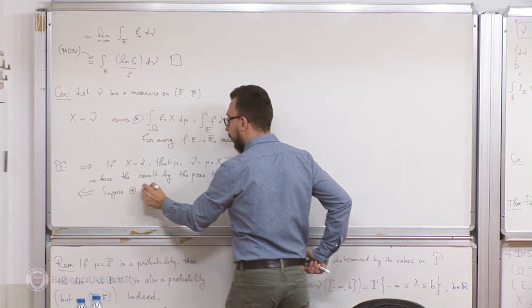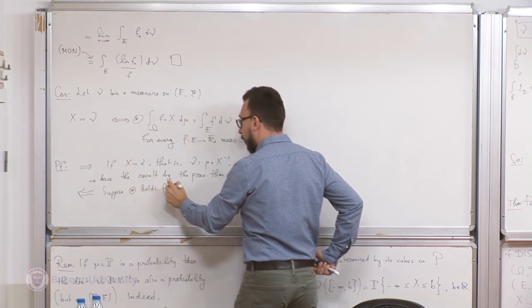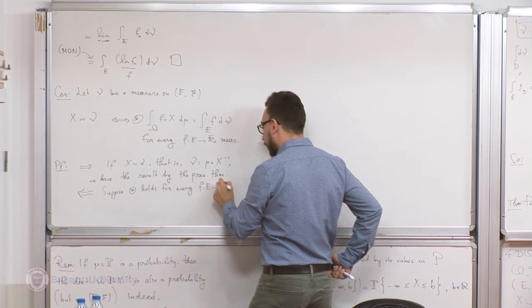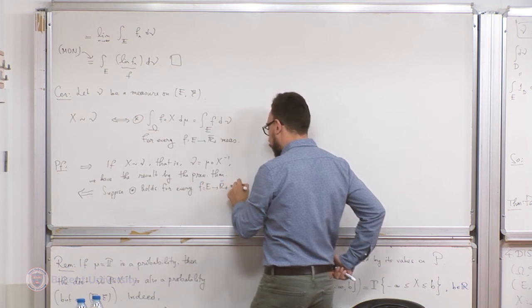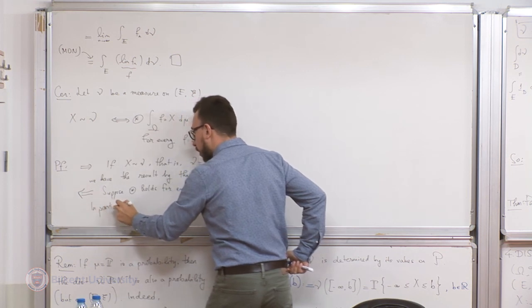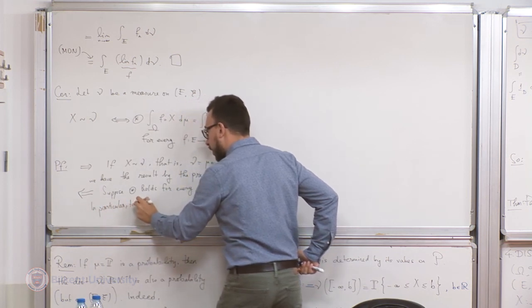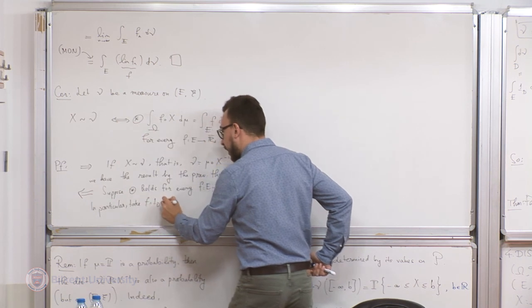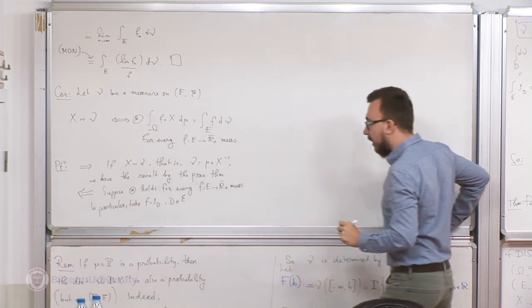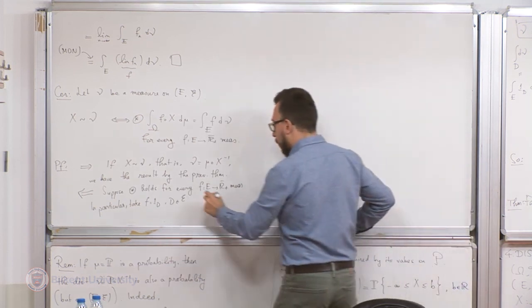Star holds for every f measurable. In particular, take f equals the indicator of D for some D, which is a measurable set in E. We get what?